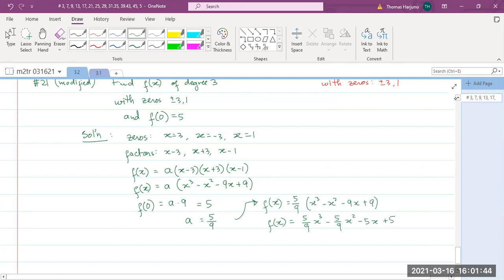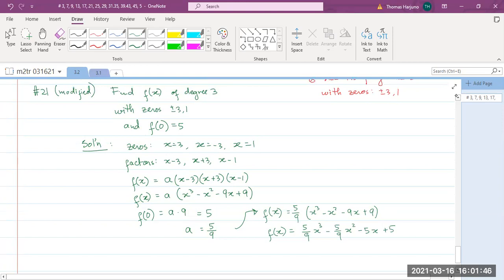Okay, so you see that, yes, we have a lot of polynomials with degree 3 with these zeros. One of them has leading coefficient 1. For the other one, suppose I say f(0) equals 5, then you do that adjustment. Okay, that's for number 21.